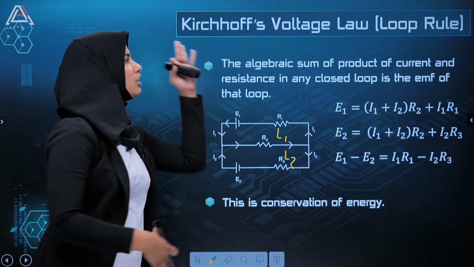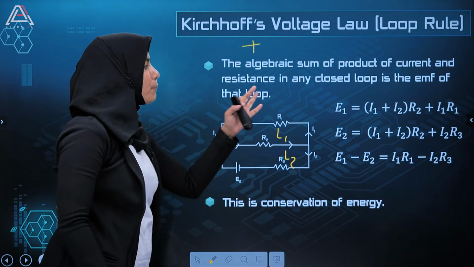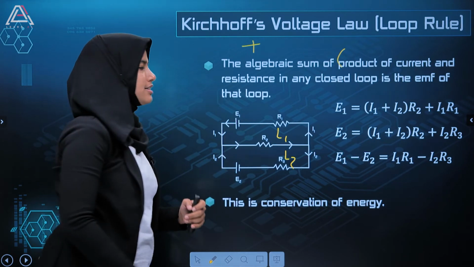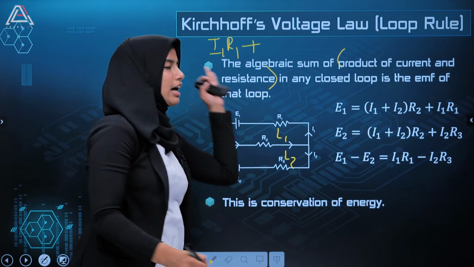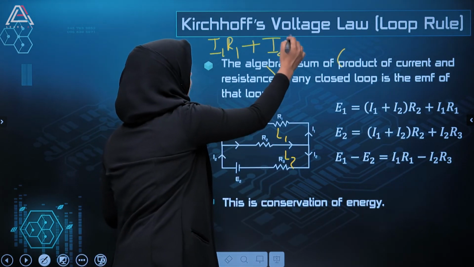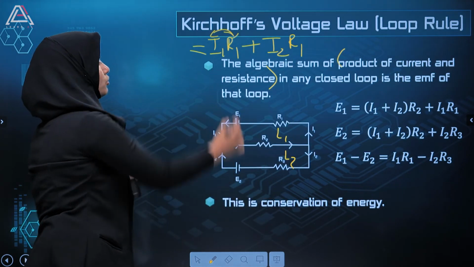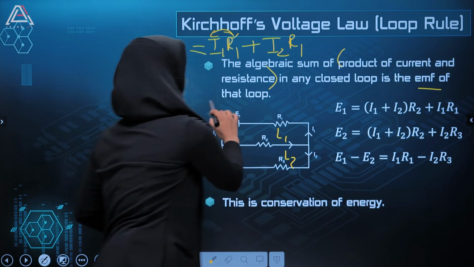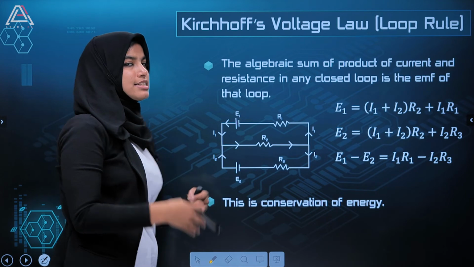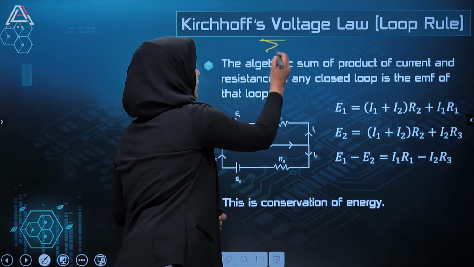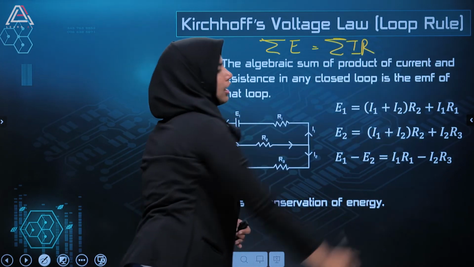According to Kirchhoff's voltage law, the algebraic sum of the product of current and resistance, that means if one loop has two resistances and their corresponding current is I1, then the algebraic sum of the product of resistance and current is equal to the EMF of that loop. We can mathematically write this equation as sigma E is equal to sigma I into R.